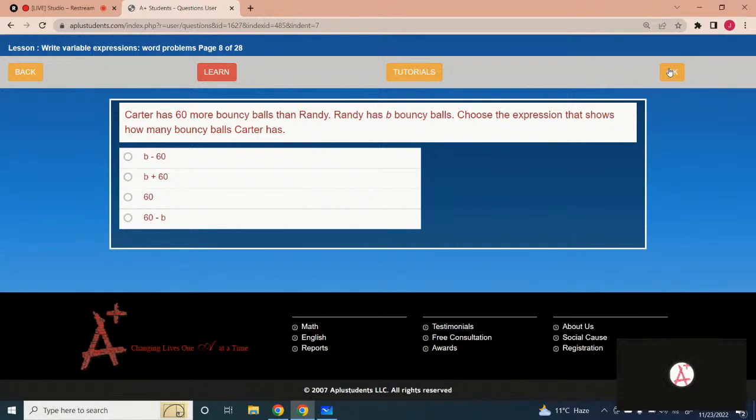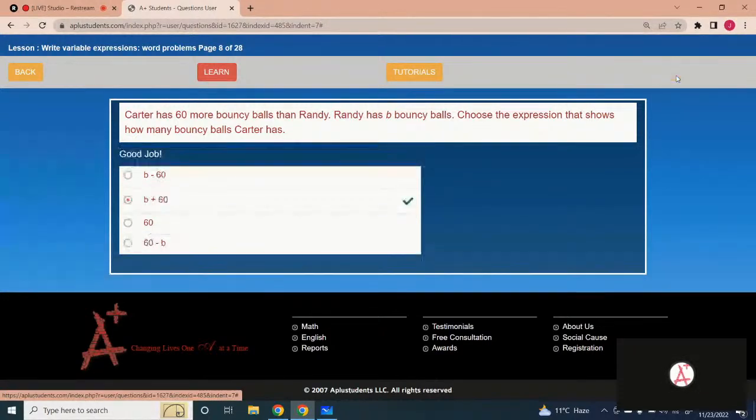More means you have to add, so it would be B plus 60. Got it? Okay, just select the correct option and click on the OK button.